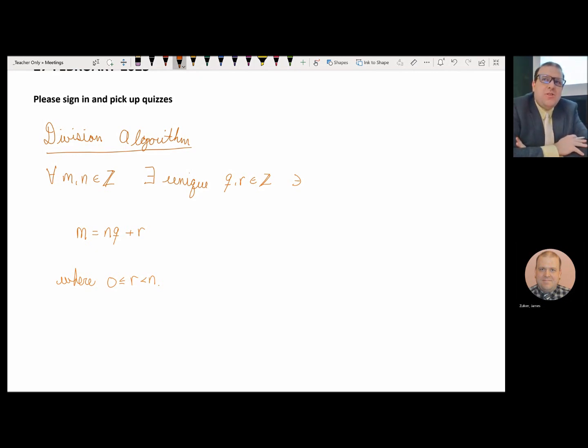Q is called your quotient, r is called your remainder. That is, 0 is less than or equal to r, less than n.